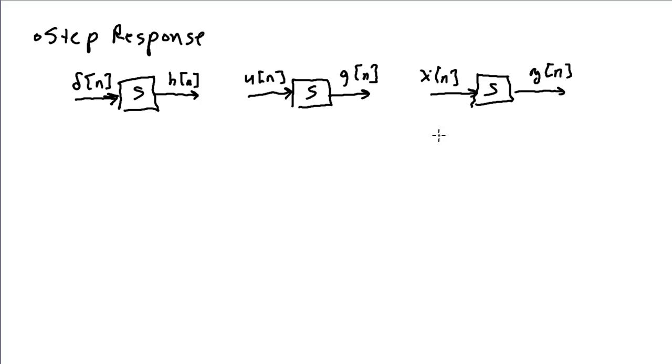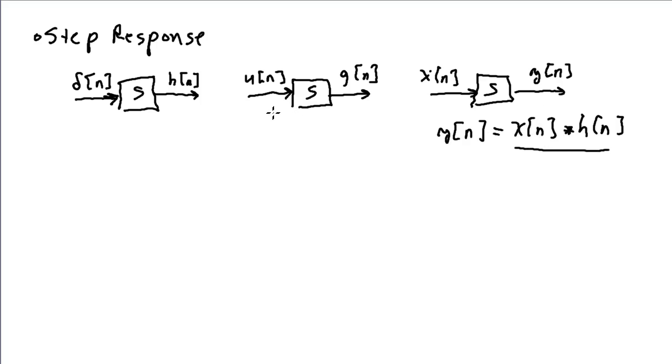Of course, y of n is obtained by convolving x of n with h of n, the impulse response. So the impulse response allows us to find the output due to an arbitrary input.